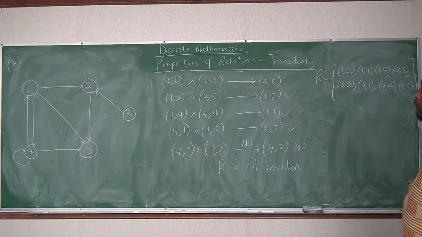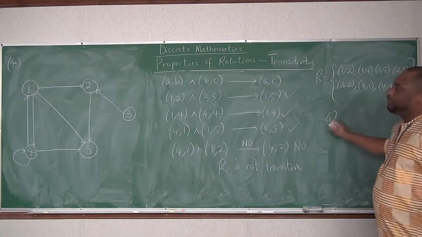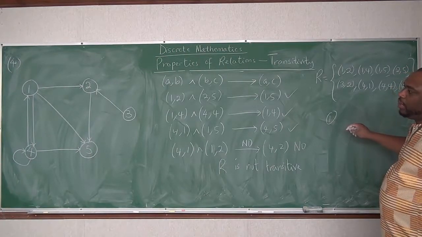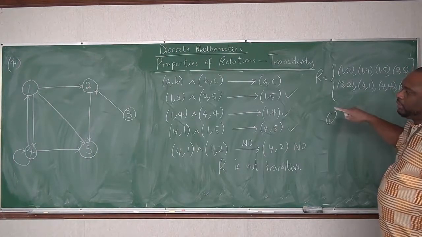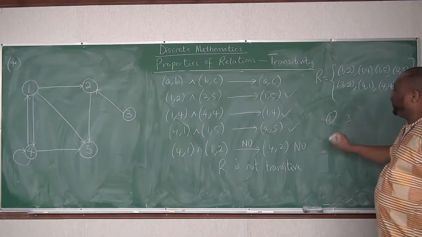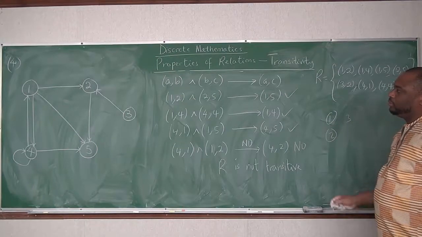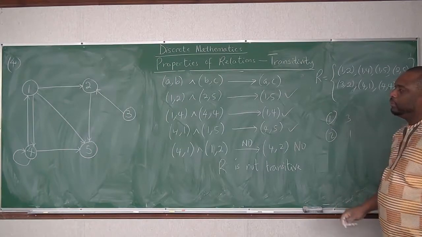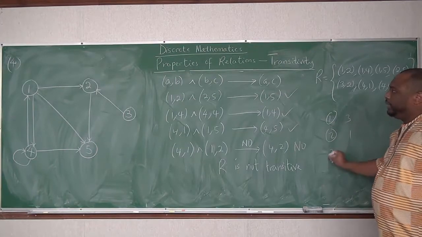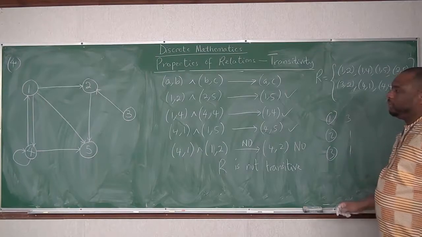Okay? You count the arrows going from 1 towards other ones. From 1 you have 1, 2, 1, 4, 1, 5, 3 arrows. From 2 you have only 1 arrow. From 3 you have only 1 arrow.